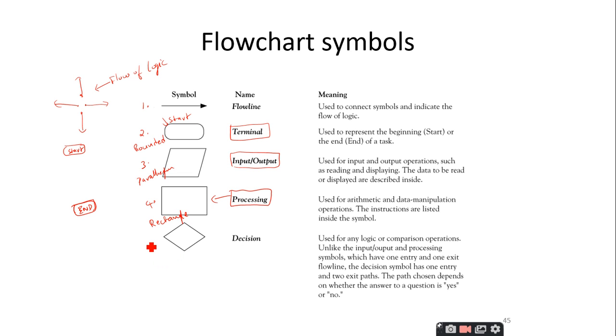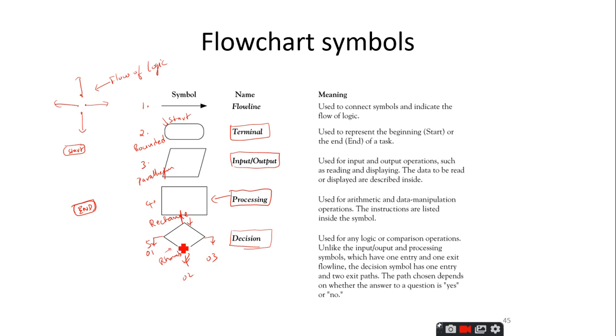And the next symbol is the decision symbol. It is a rhombus. This is a very important symbol which is used for making a decision. It can be either yes or no or anything, right? So there will be one input and it can have three outputs like this. This is output 1, this is output 2 and this is output 3.